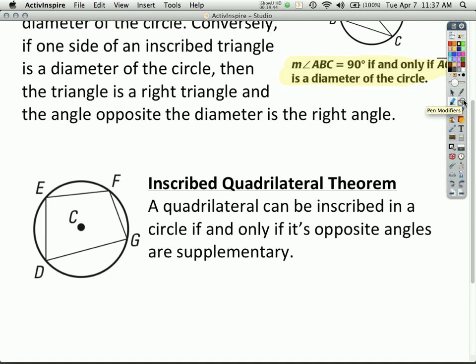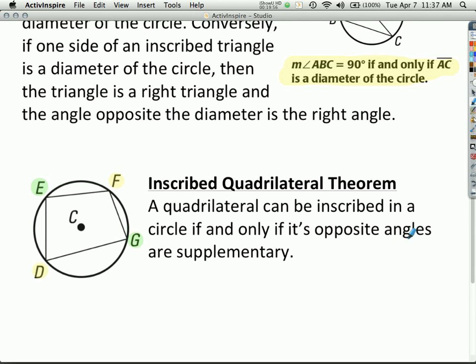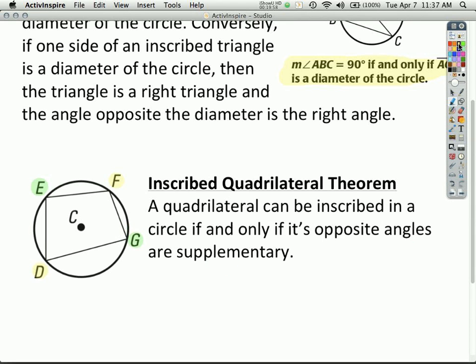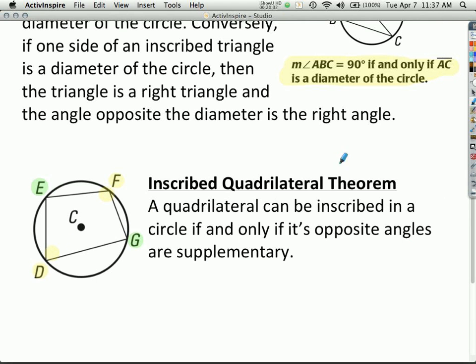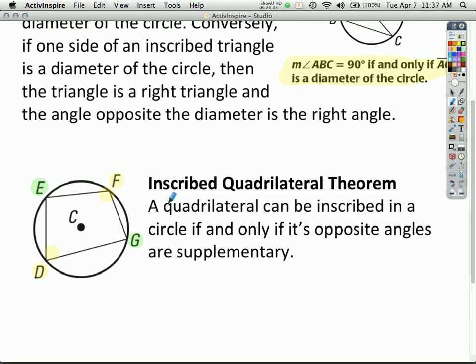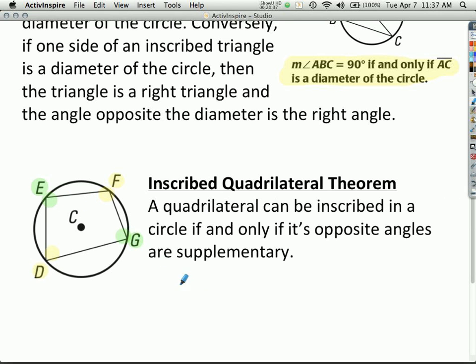Let me first clarify what is meant by opposite angles. Angle D and angle F are opposite, and angle E and angle G are opposite, which means their angles will be supplementary. So this angle and this angle will be supplementary, and this angle will be supplementary.